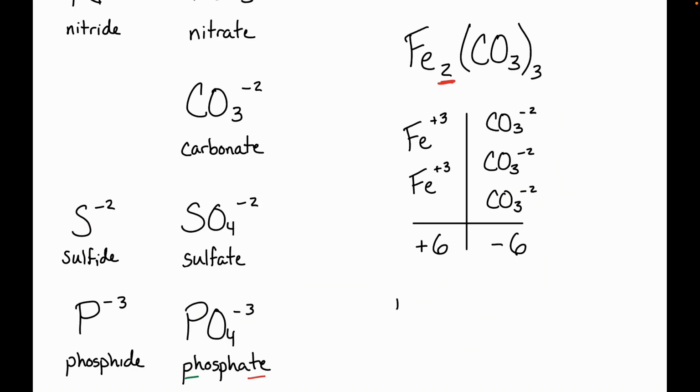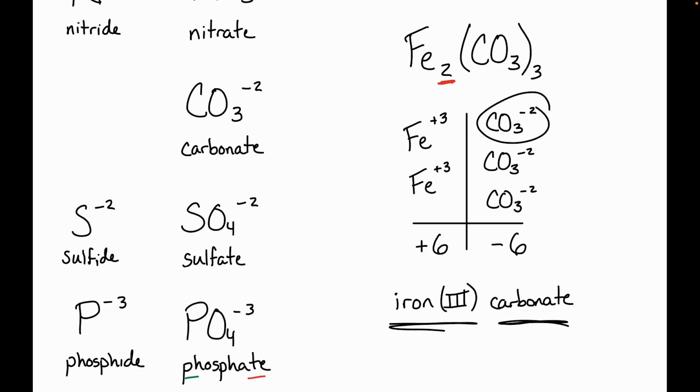So this compound right here would be iron 3 carbonate. Okay. Name of my cation, the iron 3. Name of my anion, the carbonate ion.